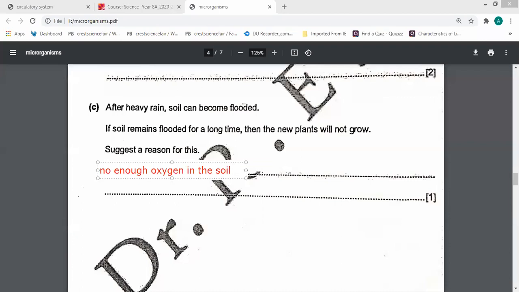So what will happen to the decomposers? They will die. Excellent. So when the decomposers die, the recycling of the materials or the minerals will stop, so the new plants will not grow. Clear? Yes. So decomposers die.